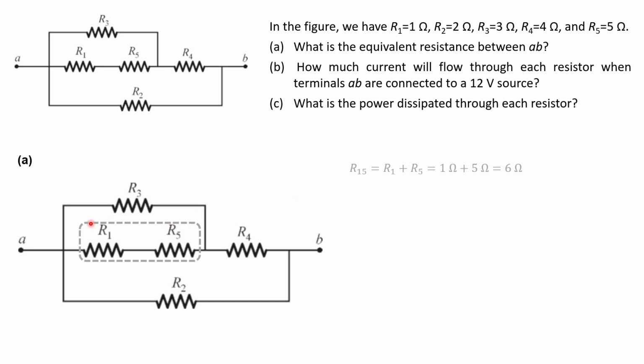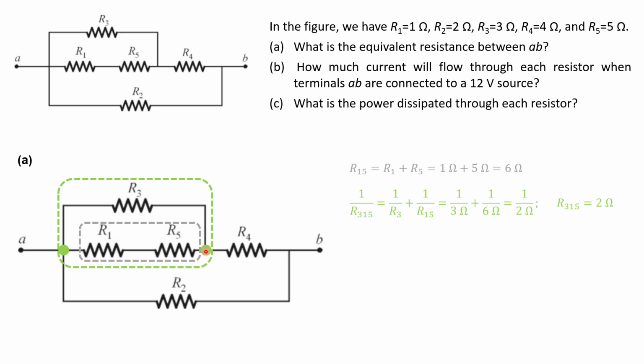Now, this gray network is in parallel with R3 between these two junctions highlighted in green. So we're going to use the formula for resistors connected in parallel. The net resistance is found by taking its reciprocal and setting it equal to the sum of the reciprocals of individual resistances.